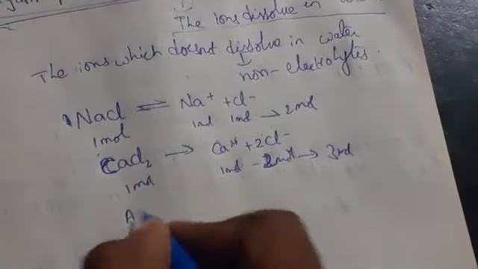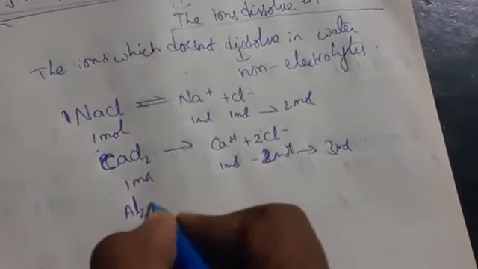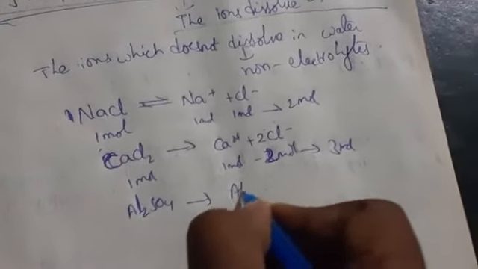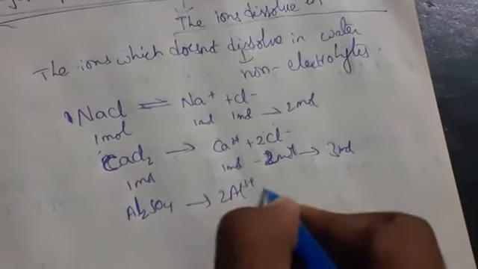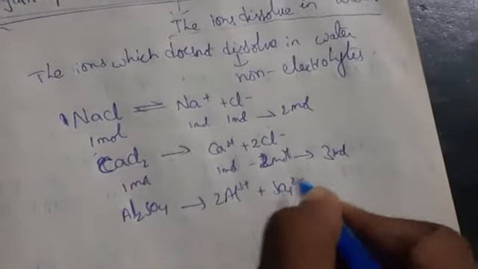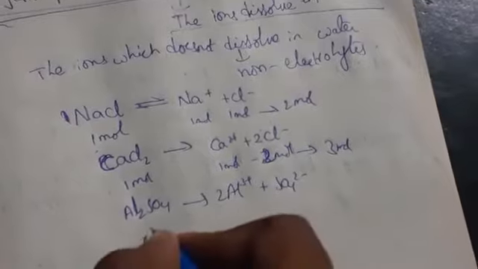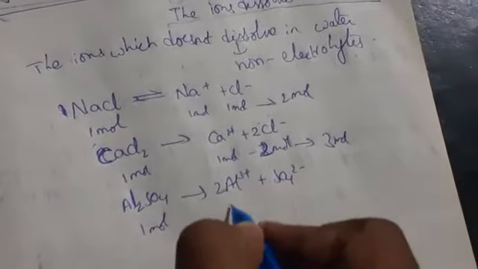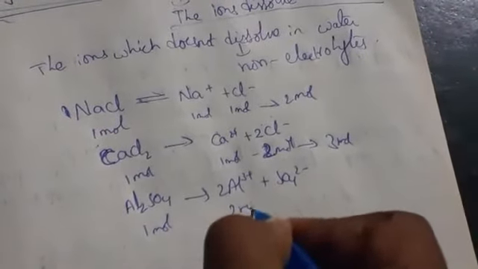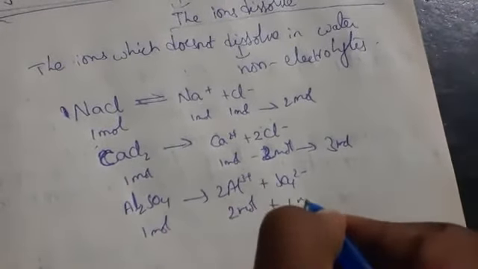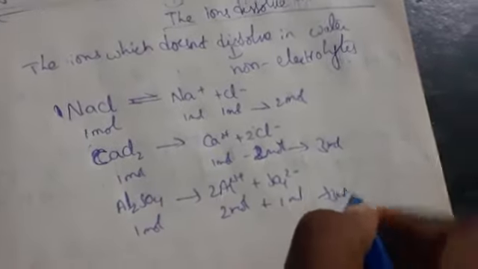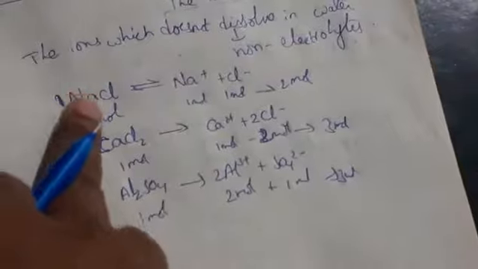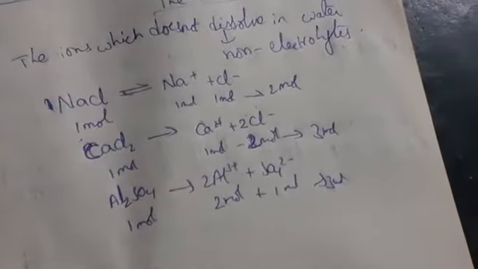In the same way, Al2(SO4)3 gives 2 Al3 plus and 3 SO4 2 minus. Here also, 1 mole is giving 5 moles in total.